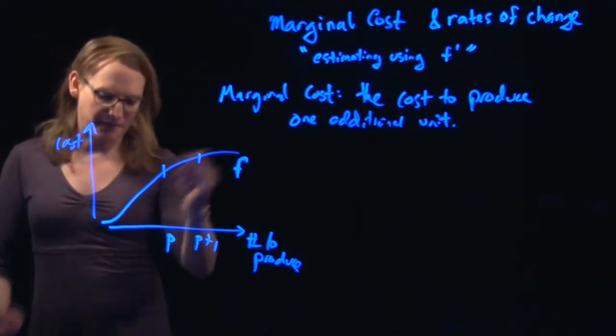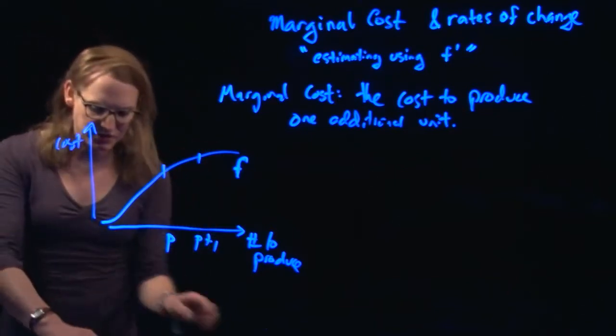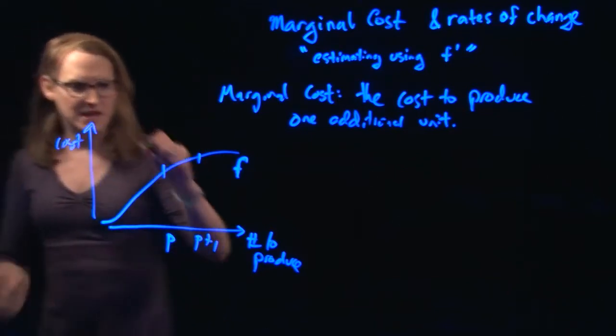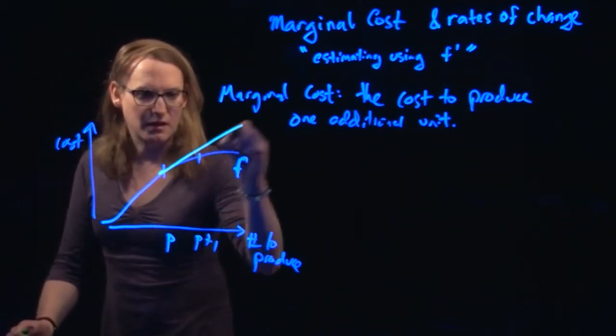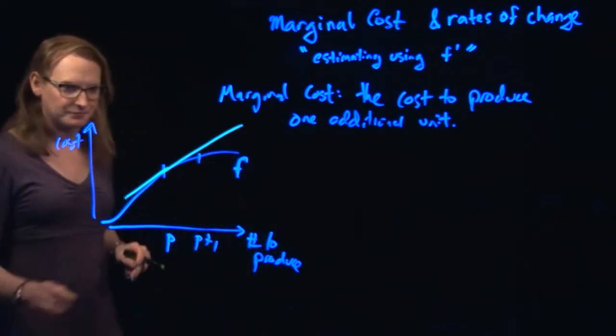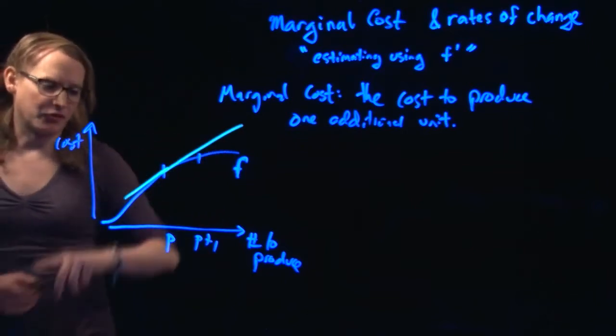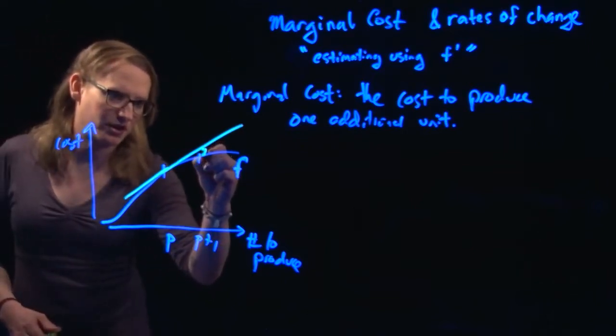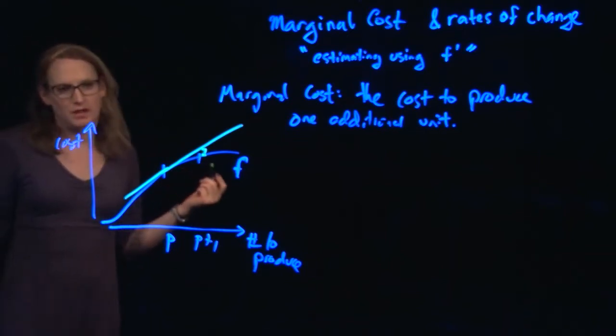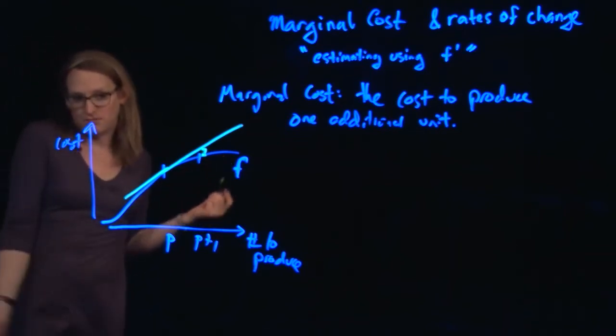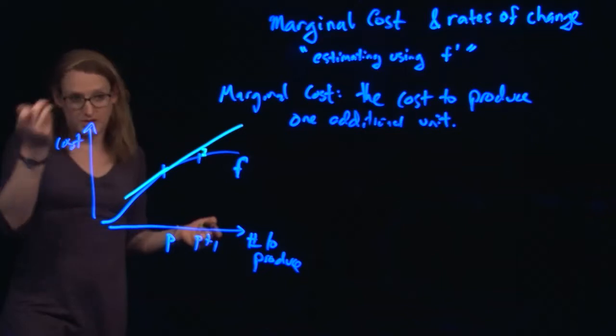So here's our f. I'm just going to go ahead and sketch in the tangent line. The tangent line looks like that. Okay. And they're really not that different in terms of this height right here, right? That difference is pretty small. So what's that value?